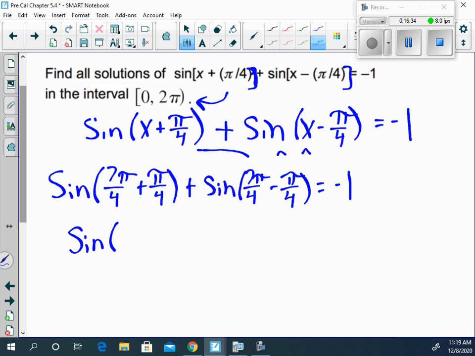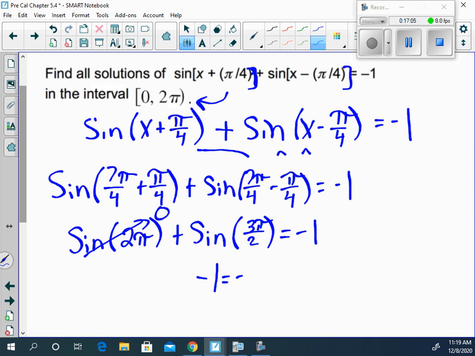Well, 7 pi over 4 plus pi over 4 is 8 pi over 4, which is 2 pi. The other one is 6 pi over 4, which is 3 pi over 2. And sine of 3 pi over 2 is -1. It's straight down. So it works.